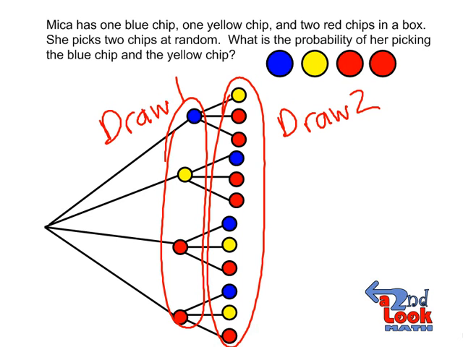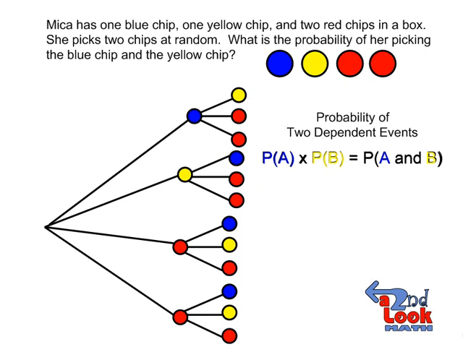This decision tree represents the entire set of possible outcomes that Micah could draw. So we have an equation here that can actually represent the same situation.